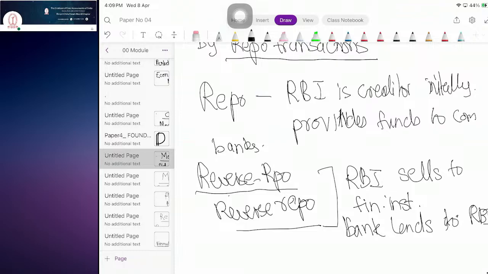Sale of securities by the holder to the investor. Okay, RBI sells. Yeah, correct. It has to be the sale by the holder to the investor with the agreement to repurchase at the predetermined rate.